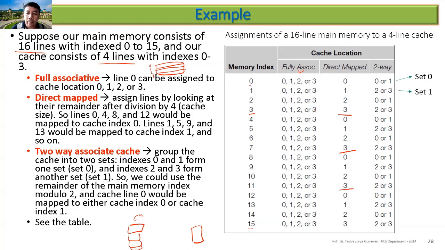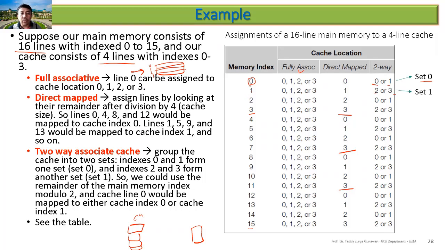And so on. If two-way associative, then you can do it like this: 0 goes to 0 or 1. This is set 0. Then 1 goes to 2 or 3. So you can see here, if it is an even number, you put it on cache line 0 or 1. If it is an odd number, you put it on 2 or 3.